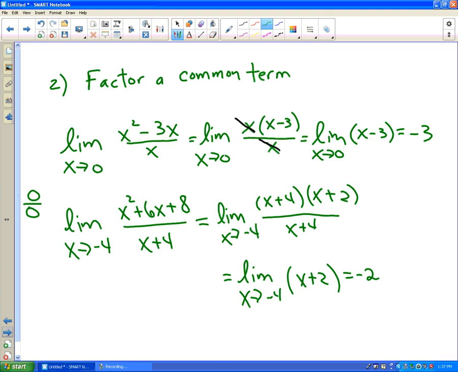And the thing with limits is our y value could approach a number even though the function doesn't actually equal that number at negative 4. In this case, at negative 4, it doesn't exist, because if we plug negative 4 in here, we get 0 over 0.